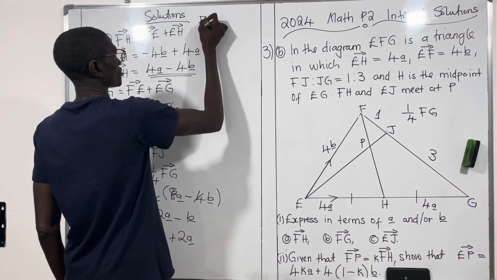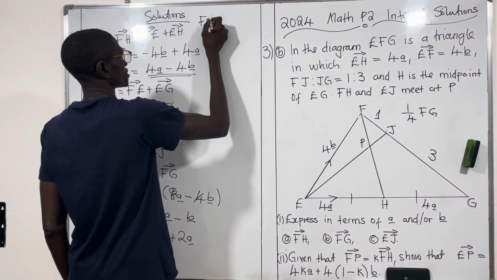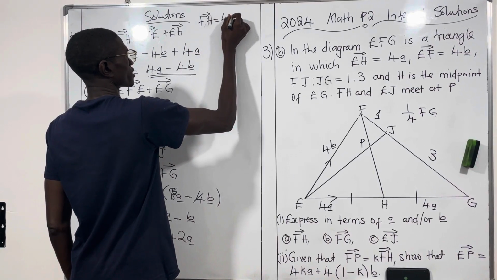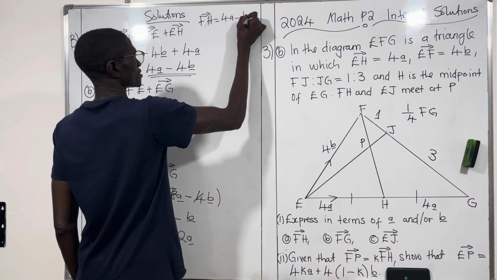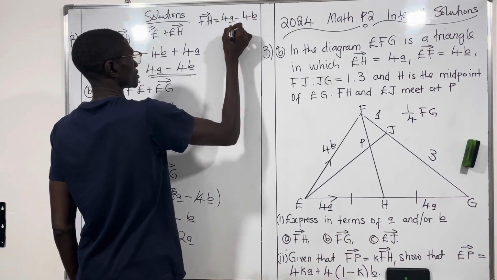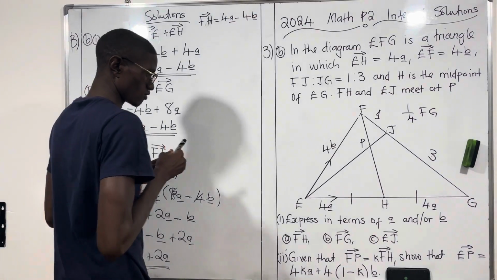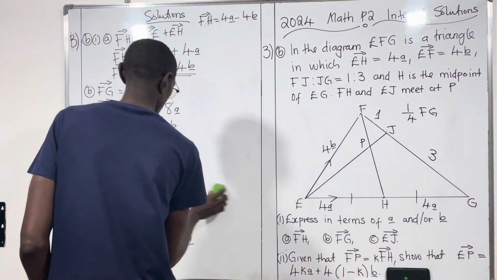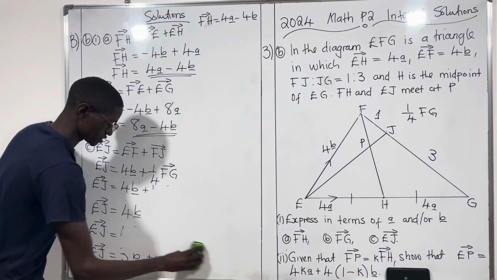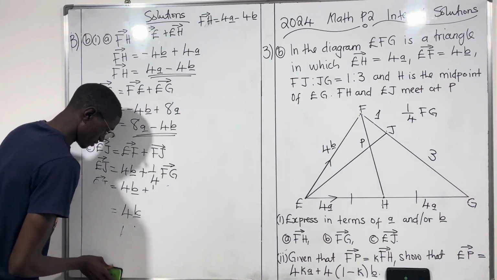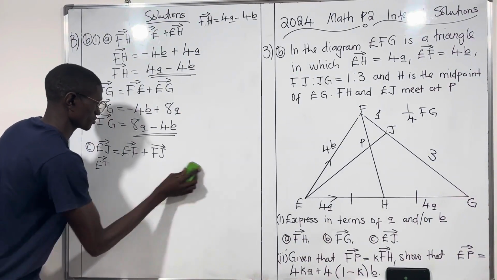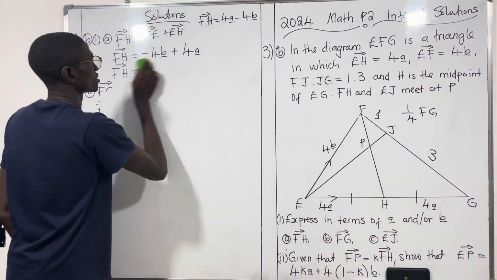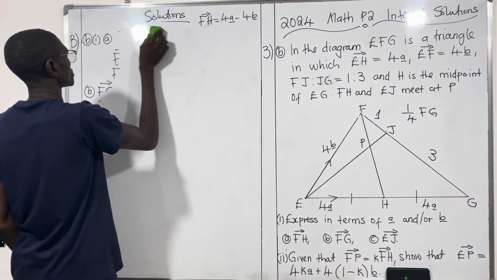Let's say, because we need to create space, vector FH is equal to 4A minus 4 vector B. That is our FH. Now that we have taken note of that, we can erase these other solutions.